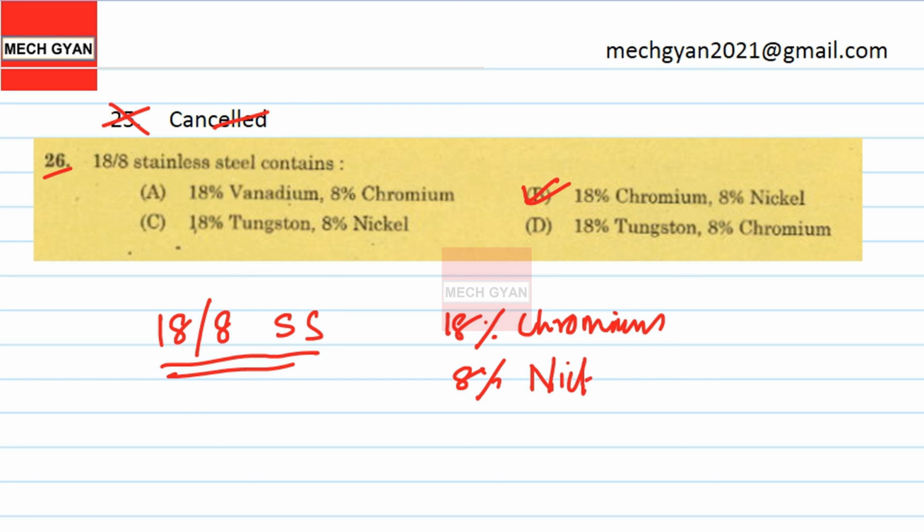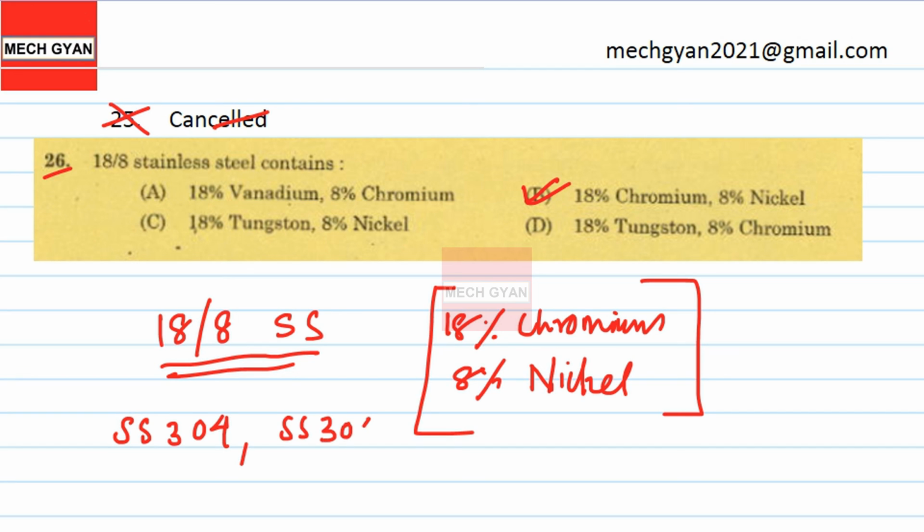Several options are given: 18% tungsten, 8% chromium, 18% tungsten, nickel, vanadium nickel. Answer is 18% chromium and 8% nickel. 18-8 stainless steel includes SS304, SS304L, etc., different variants. So 26 option is B.